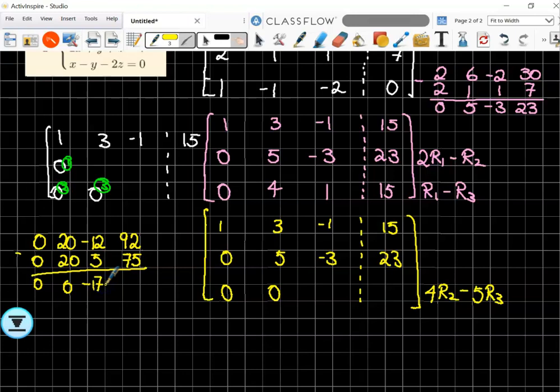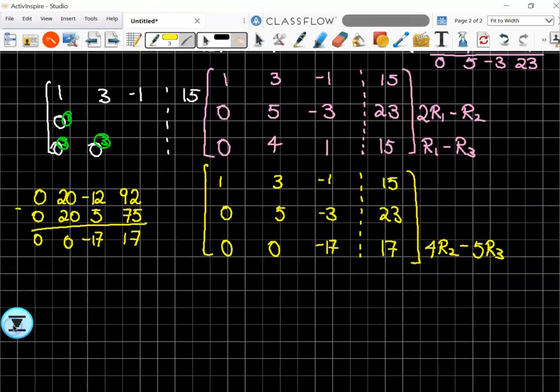It's Monday, last lesson, and I'm going, I wonder what 92 take 75 is. What do you think it's going to be without even thinking? I really hope it's 17. And yes, it is. So, therefore, this is minus 17z equals 17. So, therefore, z is minus 1.